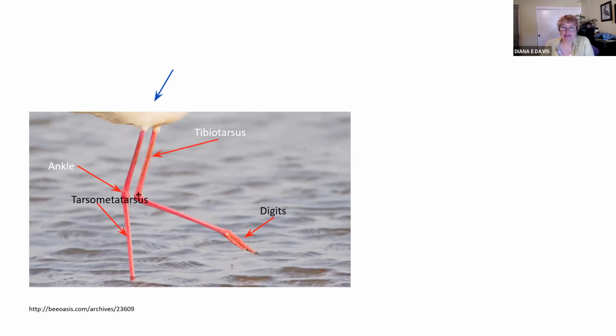This joint is the ankle joint. And then we have a bone. It's modified from bones that we have here in our foot. And that's the tarsometatarsus. Ooh, big fancy words here. And the digits are the toes.